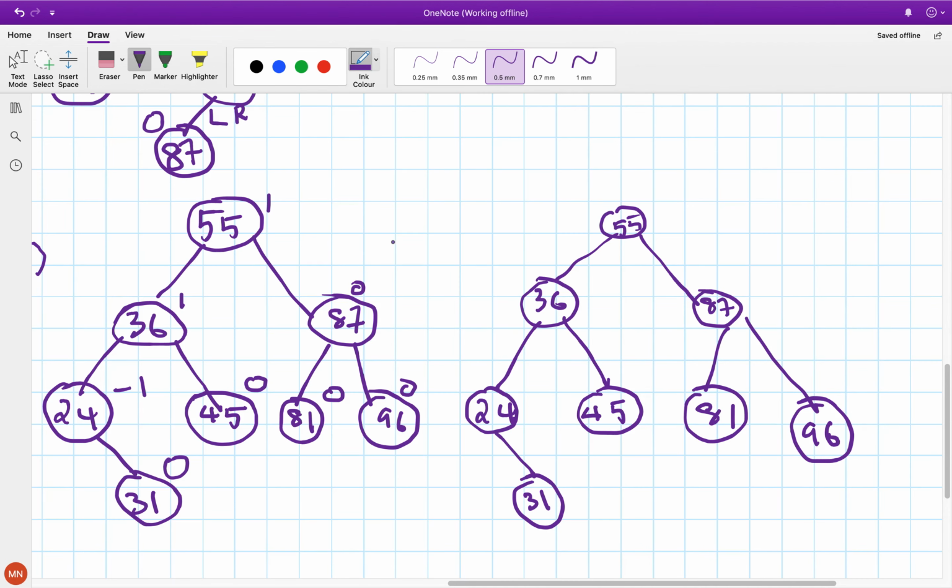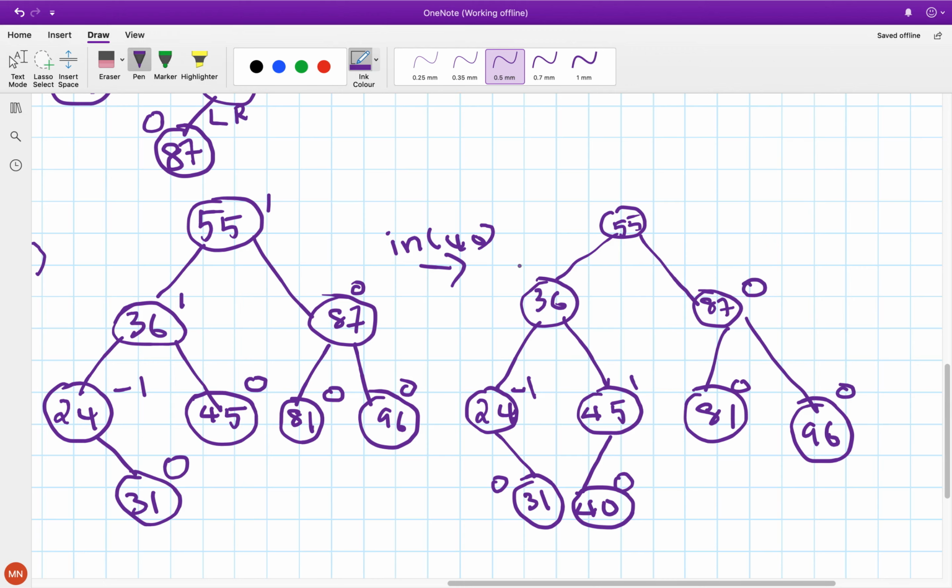Then we are inserting the number 40 now. So the number 40 will be on the left of 45. Now if you recalculate the balance factor of every node, then we do not have any violation, I guess. So this has a balance factor 0, this has a balance factor 0, this has a balance factor -1, this has a balance factor 1, this is 0, this is 0, this is 0.